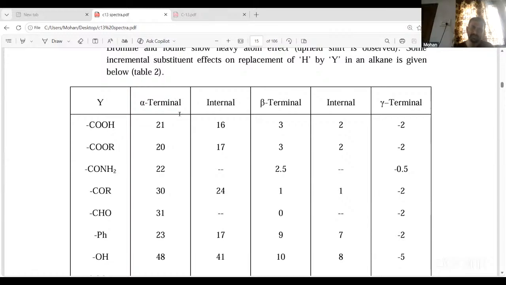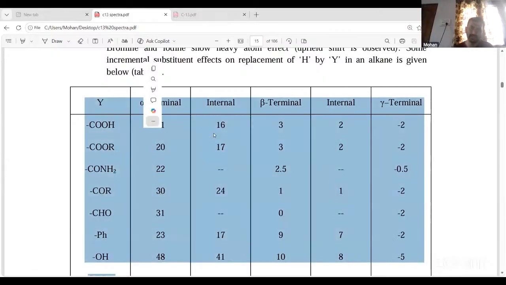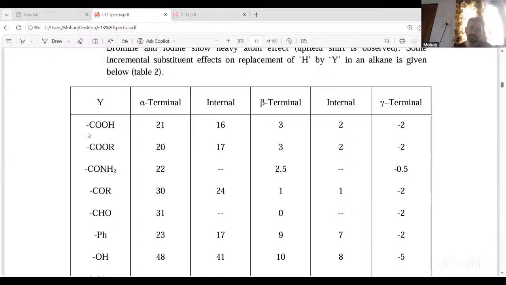If the acid group is present on a terminal carbon, the value is considered as 21. If it is internal, in between, right? So on the terminal carbon, for example, here is some carbon, and the terminal carbon consists of the acid group here, for example.